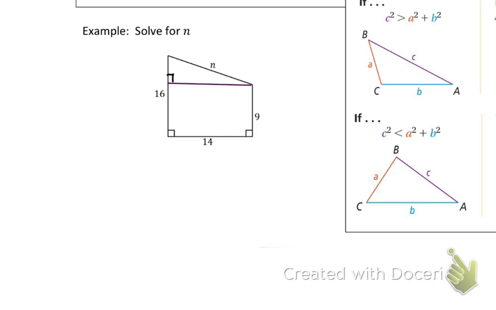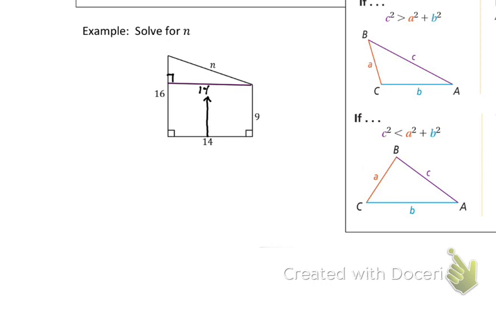Just like in this shape, the bottom of the shape is going to be the same measurement as the top of the shape. So basically we're sliding that 14 up here. Bam, I got a right triangle. I have a 14. I have an n. But to use the Pythagorean theorem, I need side squared plus side squared equals hypotenuse squared.